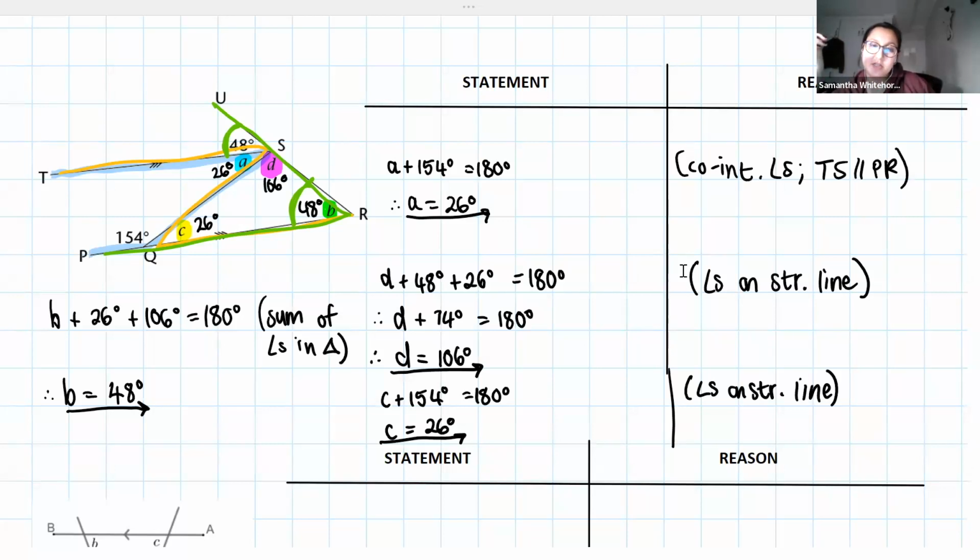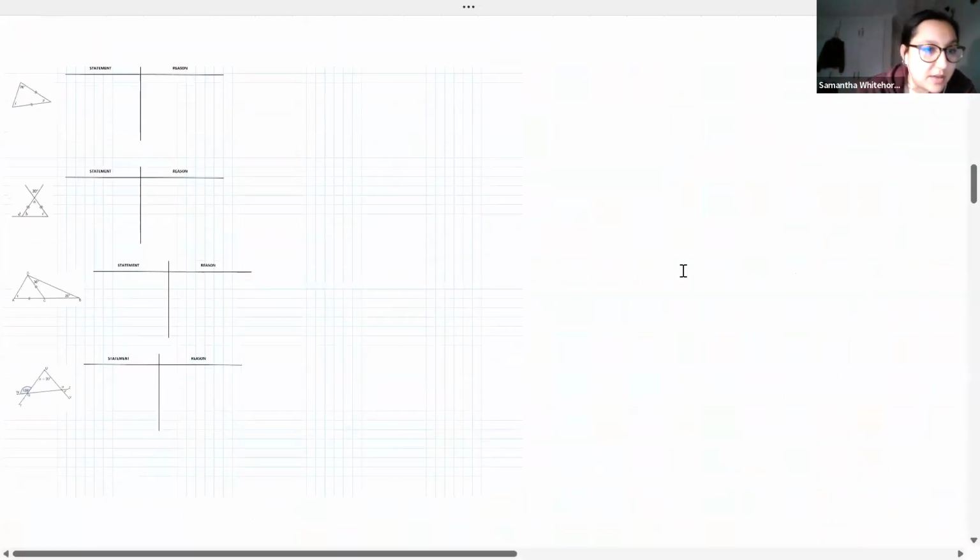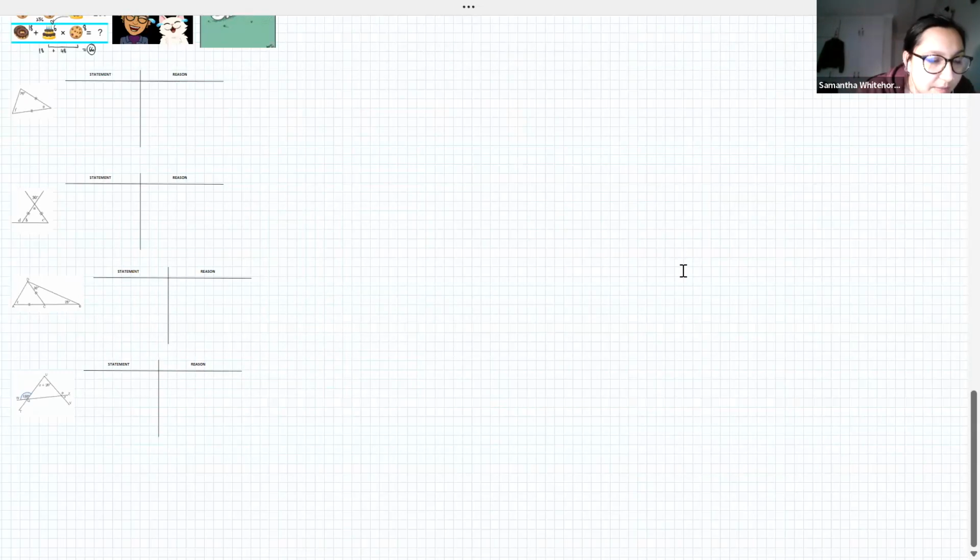Okay, grade 8, no questions. Hope we've all got our screenshots. And again, guys, remember, lots of different reasons to do the same thing. Like Chantal's co-interior angles for A, I did not even see that. And that's okay, because there were other ways to get A.